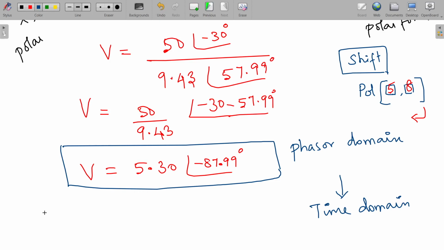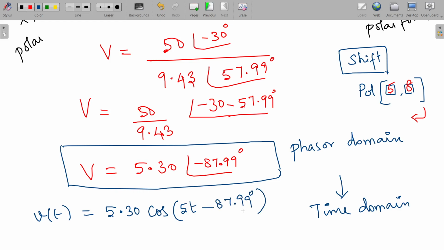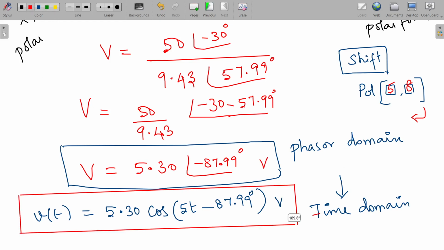Simply, small v of t in the time domain is equal to the magnitude, 5.30, multiplied by cos of 5t minus 87.99 degrees. This much volts. Here also you can put the unit as volts. Unit is important. So this is your required answer. We got it in the time domain.